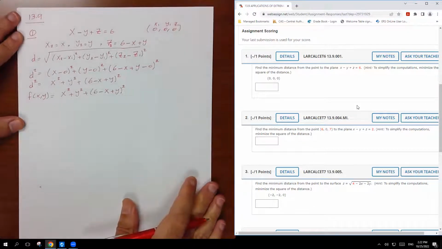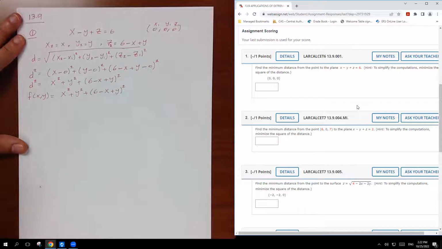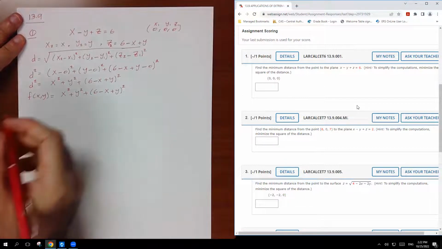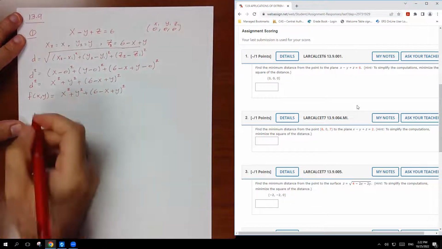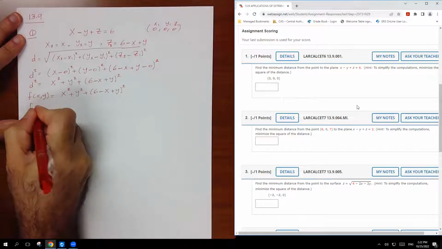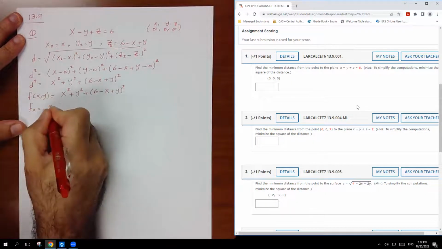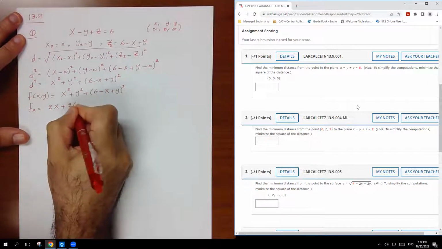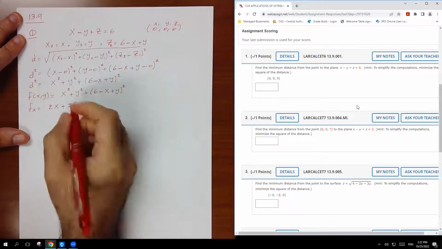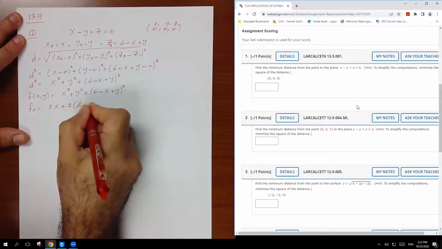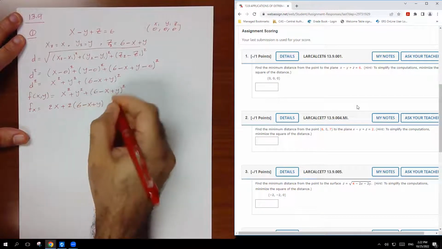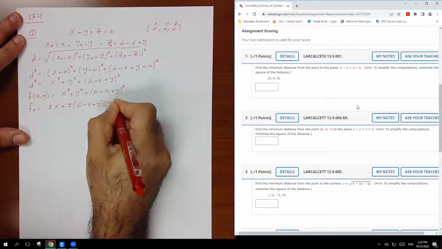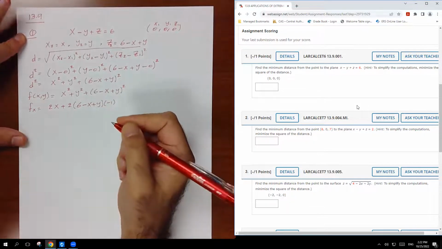Now, the next step, I'm going to find the derivative with respect to x and y to find the critical point. So f sub x is going to be 2x plus 2 times (6 minus x plus y) times the derivative of the inside with respect to x, which is -1.